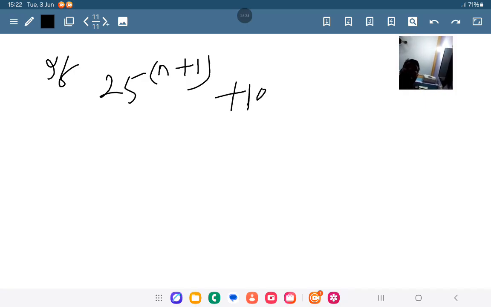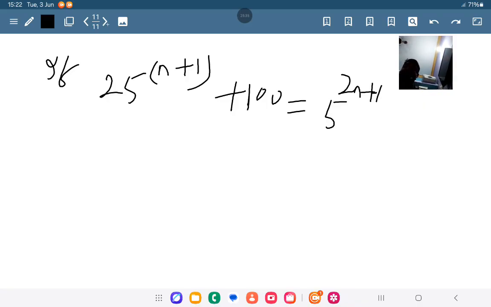Okay, now come to the last example. It is given if 25 to the power n plus 1 plus 100 is equal to 5 to the power 2n plus 1.